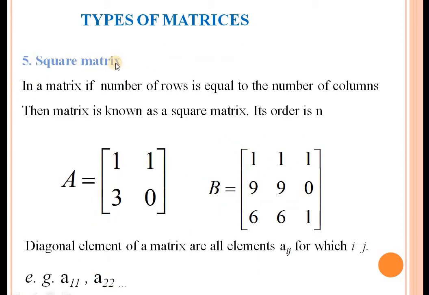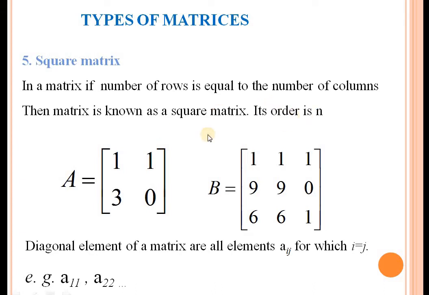Now the square matrix. A matrix is said to be a square matrix if the number of rows is equal to the number of columns. See this matrix A, which has 2 rows and 2 columns, so it is a square matrix.